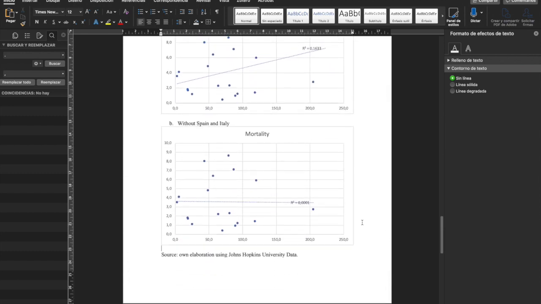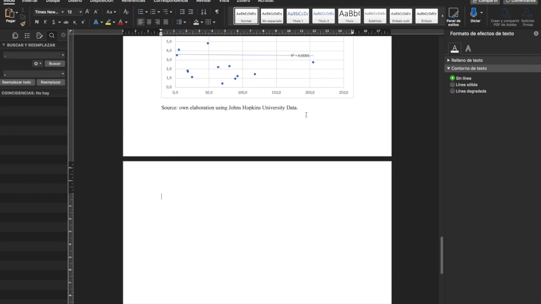And I comment on this, I write down all the comments, and afterwards I just add a final remarks or concluding remarks or conclusions.